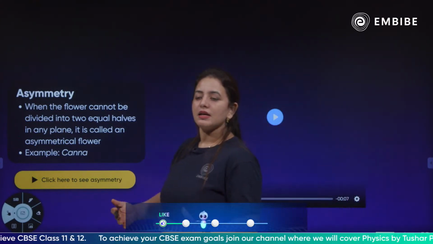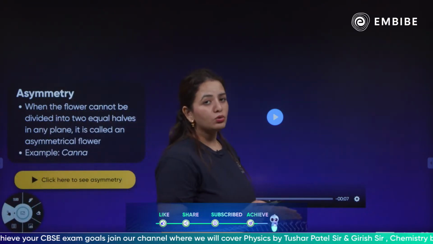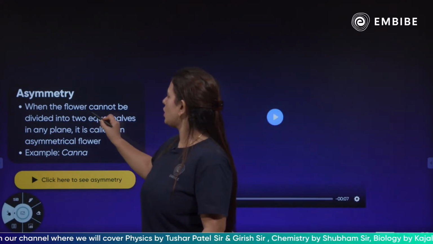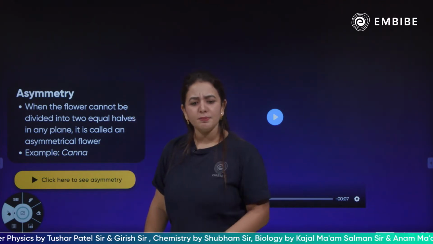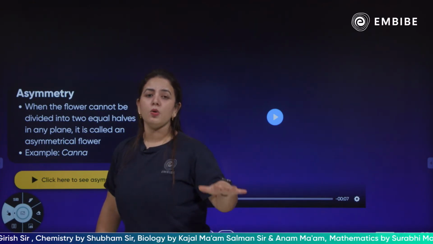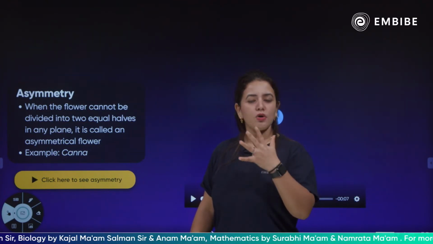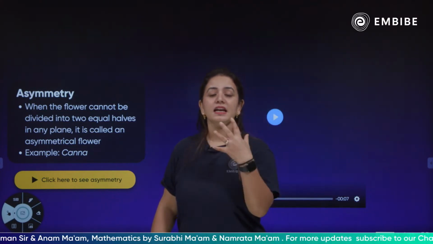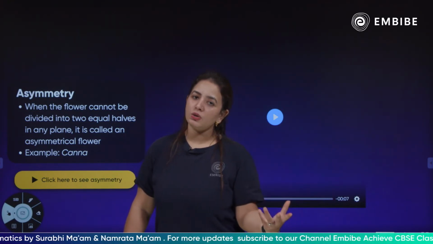Let's study the third category of flower symmetry, asymmetrical flowers. There are certain flowers which cannot be divided through any plane into two equal halves. Whichever plane you cut from, there is no plane in that flower through which we can get two equal parts.